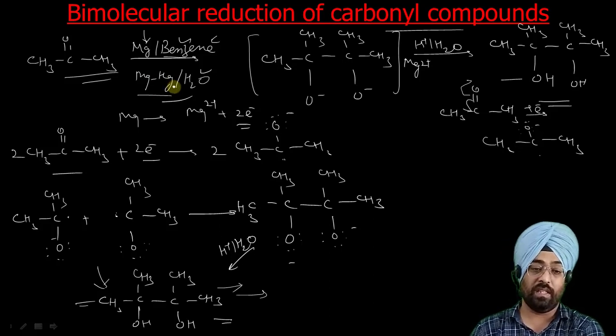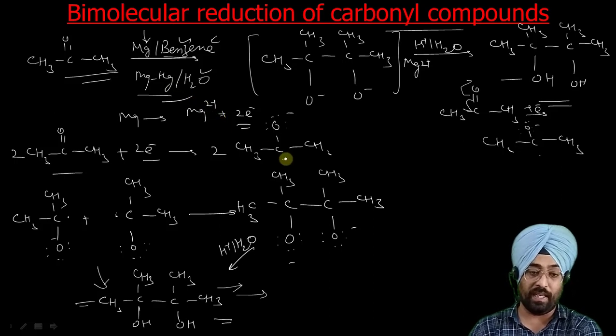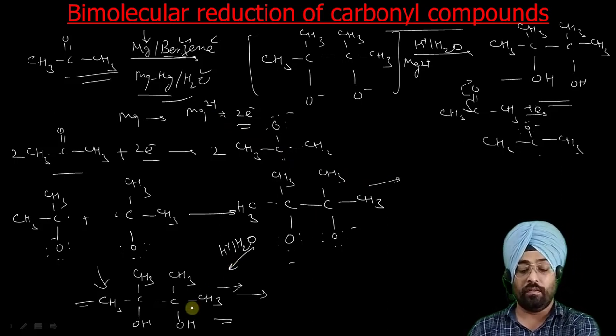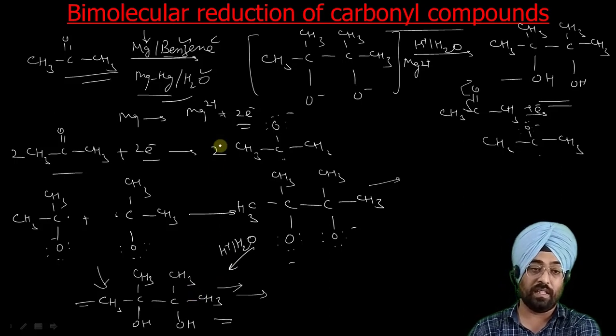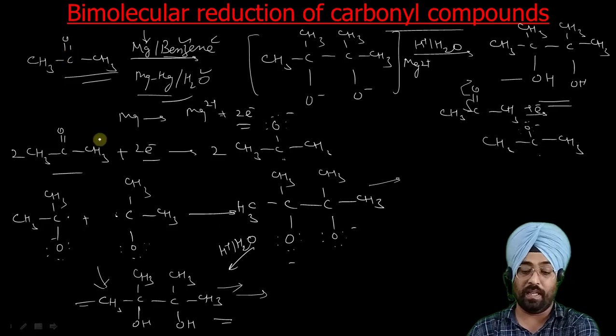Basically the electrons are transferred from magnesium and we get a radical anion which combines to give this anion, which abstracts a proton to give the diol. Our main purpose was to obtain the diol, and this reaction is called bimolecular reduction because addition of hydrogen has taken place, so it is a reduction reaction.